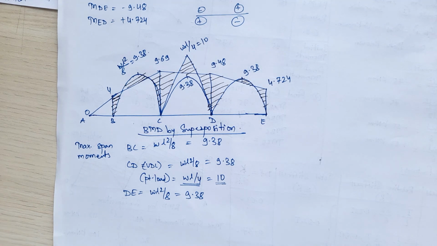Okay, the numerical was somewhat tricky because the overhanging part was included in this, along with that the loading was also complex, so that made the numerical difficult, but I hope you have understood it very easily.